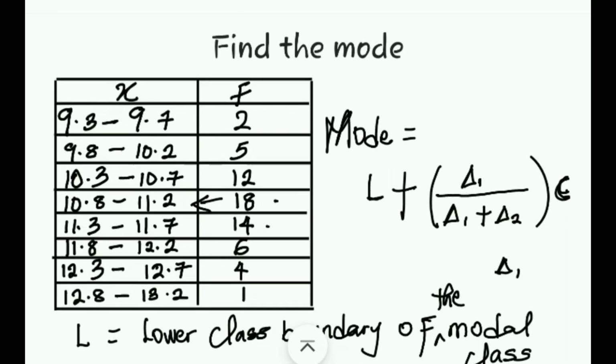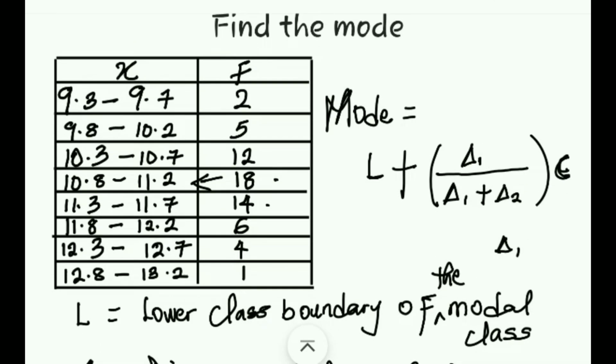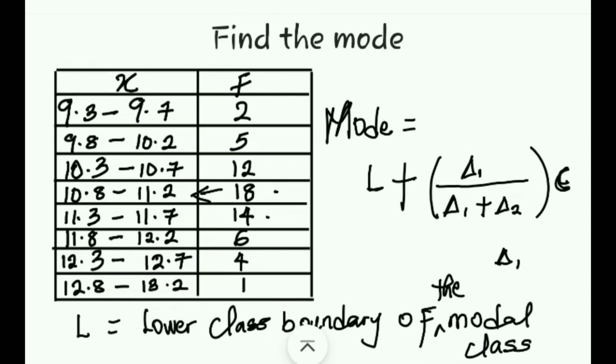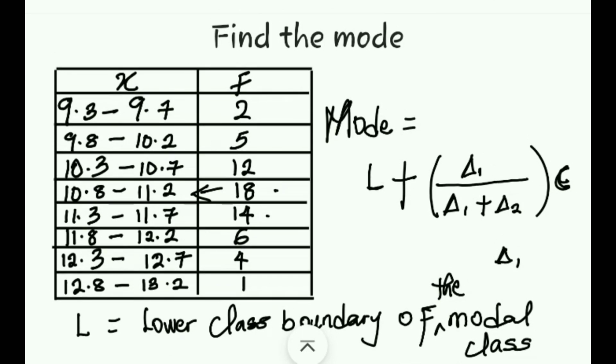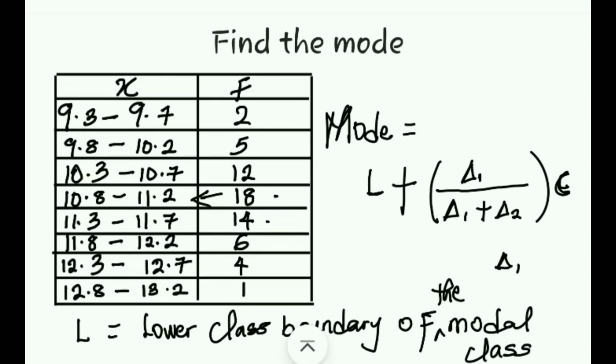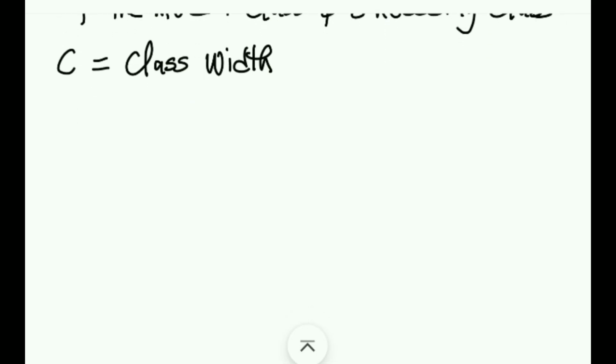Starting with L. L represents the lower class boundary of the modal class. I hope that is taken now. So now let's get to the modal class. What is the modal class? The modal class is that class that has the highest frequency, and that is 10.8 to 11.2. So let's jot this down.